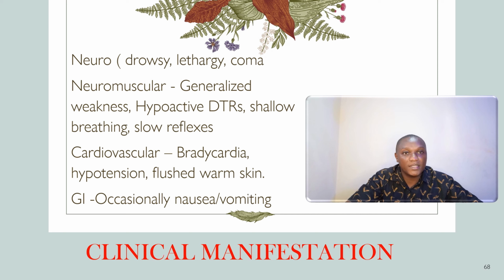In hypermagnesemia, we have reduced deep tendon reflexes, shallow breathing, and slow reflexes. In hypermagnesemia, everything is slow. Even the breathing goes down. That is why, remember, we said you have to monitor for respiratory distress and give calcium gluconate.